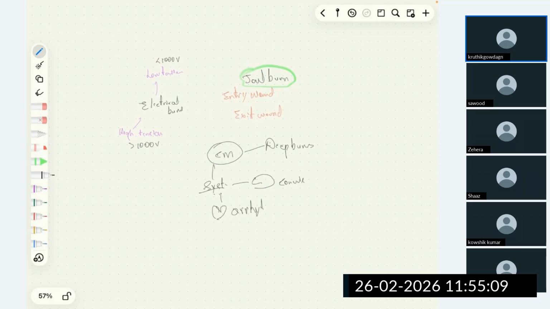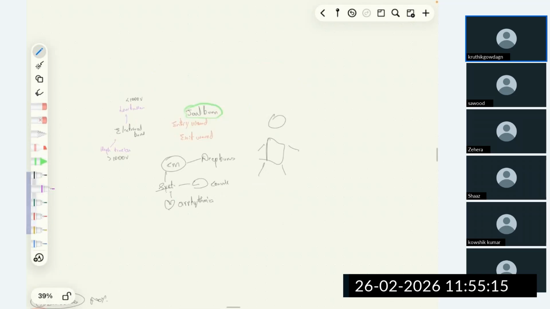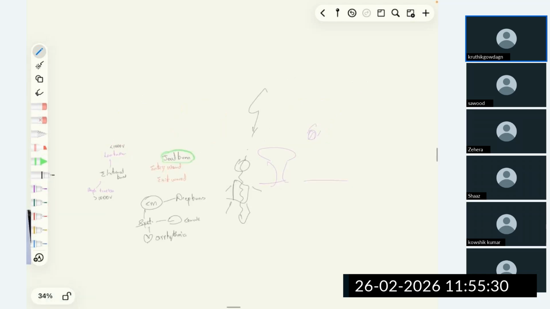Please note why arrhythmia: because the person may be standing below a tree, thinking of something or dreaming. Suddenly rain comes, electricity enters here, goes here and exits here, and the person will also exit to the Swarga.